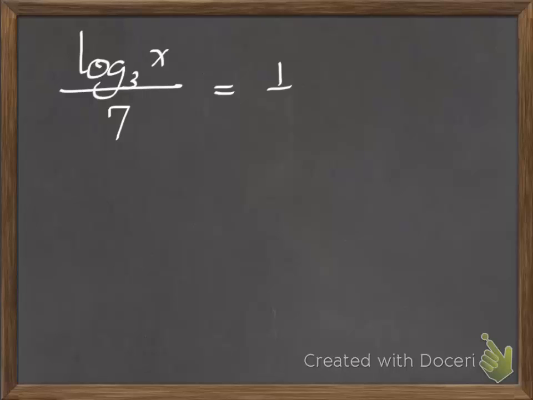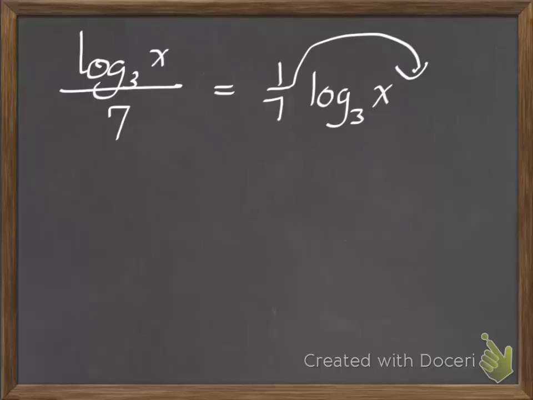And let me do one other one, just because the formatting of it will throw people off at times. Log base 3 of x divided by 7. Is it 3 to the x, or is it 3? The 3 is the base of the logarithm. So that's the same thing as 1/7 log base 3 of x. So what happens here? Square root. So that becomes the exponent.